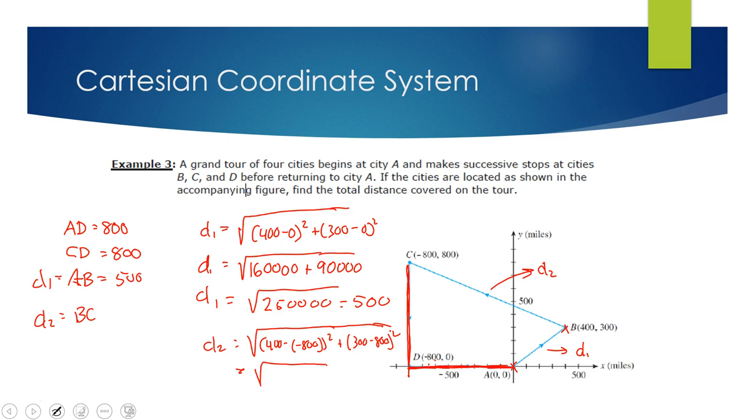Squared is 1440000. 300 minus 800 is a negative 500. Squared is a positive 250000, which would give me 1690000, which, when I take the square root of that, gives me 1300.